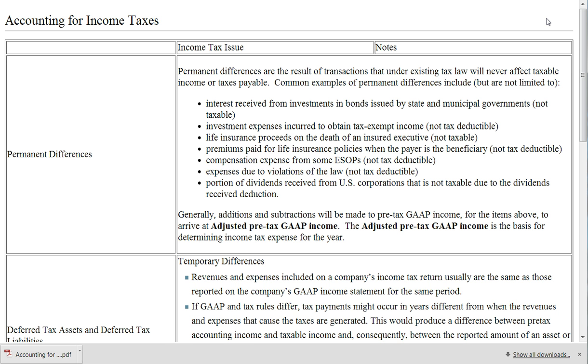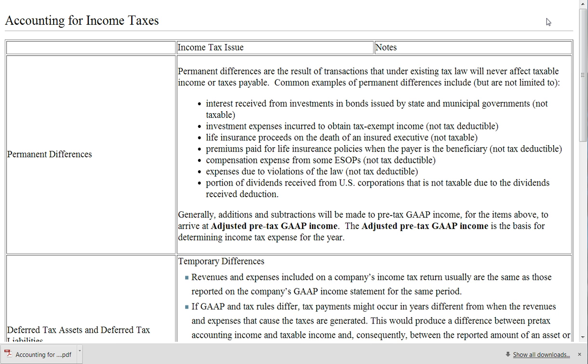The purpose of the income tax return, however, is to determine the entity's tax liability. And so we have two different objectives trying to be achieved, and that's why we have two different sets of rules.